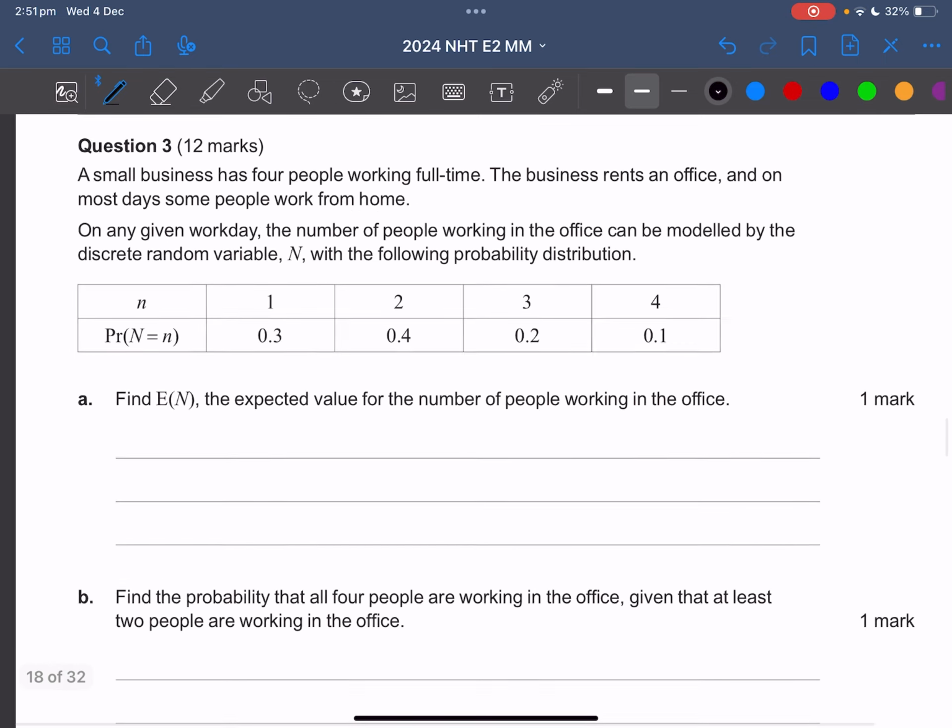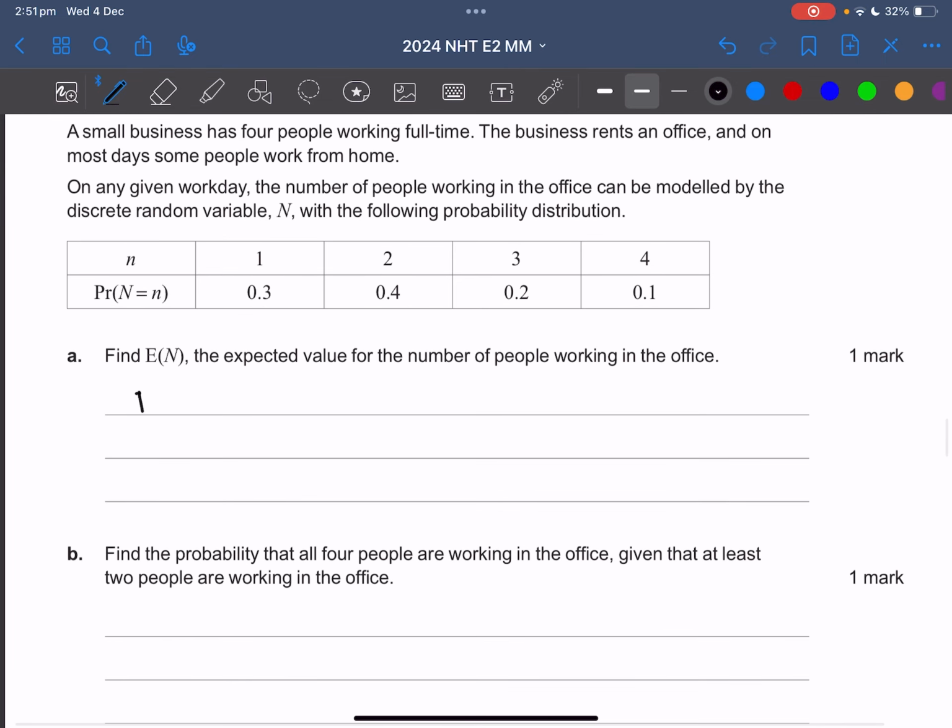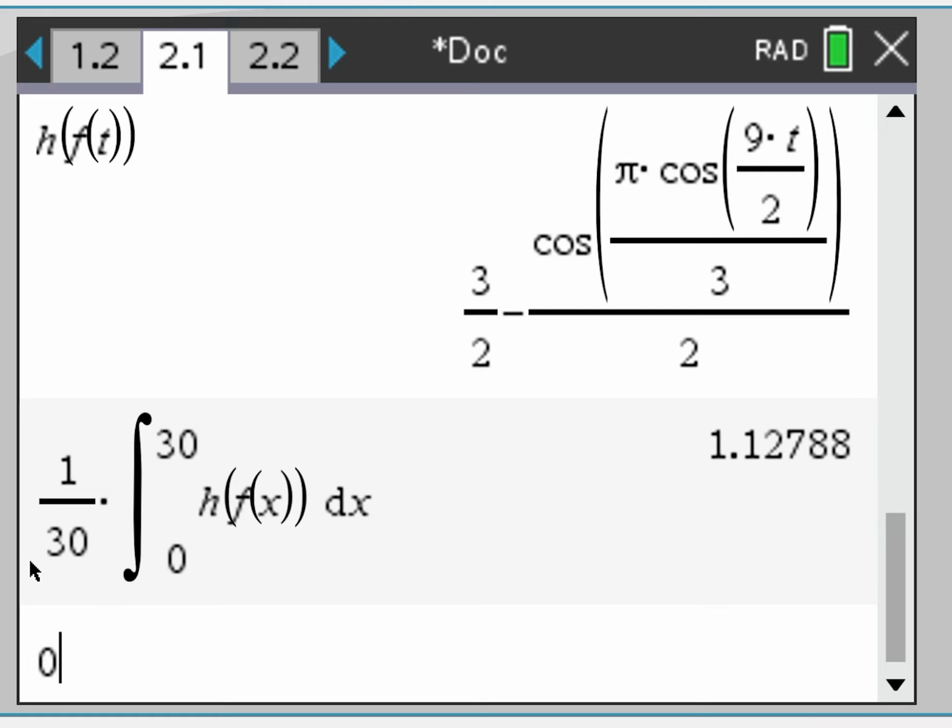Okay, so we are just expected to find the mean value. So that will just be 1 times 0.3, so that is going to be 0.3. 2 times 0.4, so that is going to be 0.8, plus 3 times 0.2, so 0.6, plus 4 times 0.1, so that is 0.4. Okay, so let us total this up on calculator. Actually, let me insert a new problem.